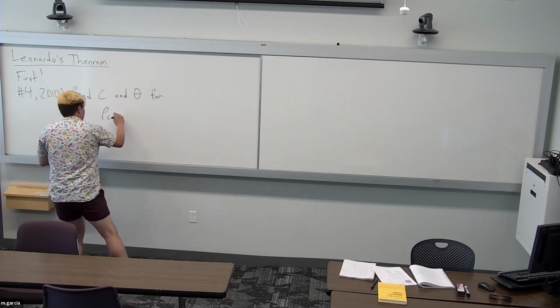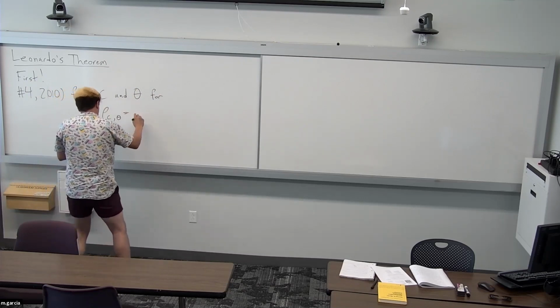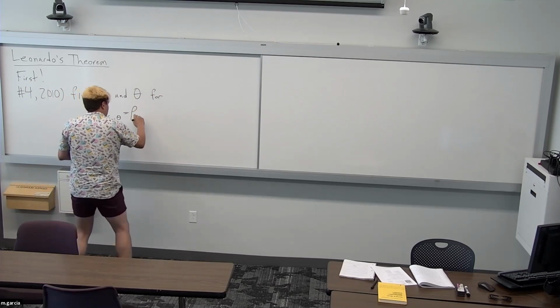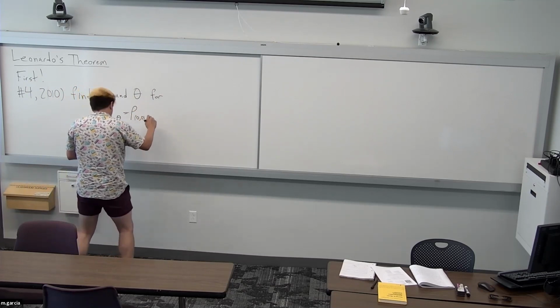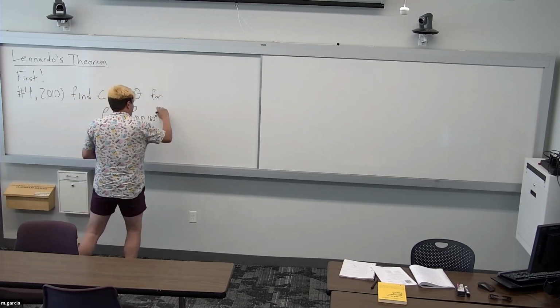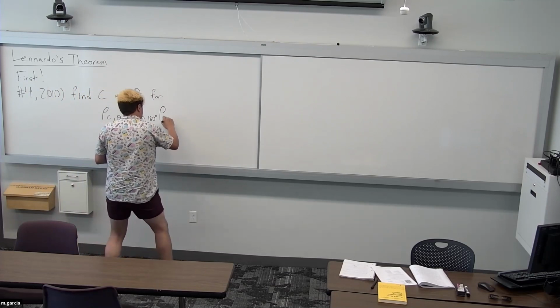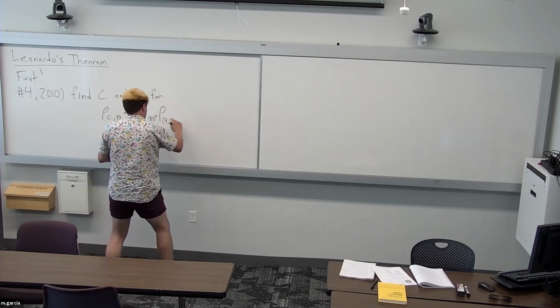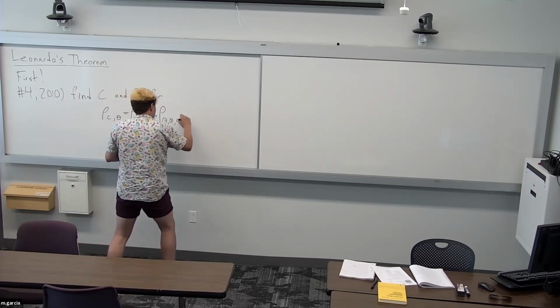Rho sub C comma theta is equal to rho sub 0 comma 0 comma 180 times rho sub 0 comma 4 comma 90.